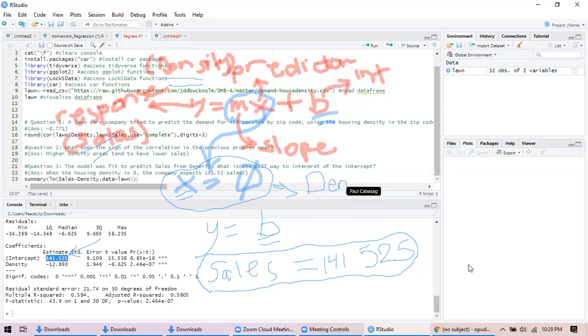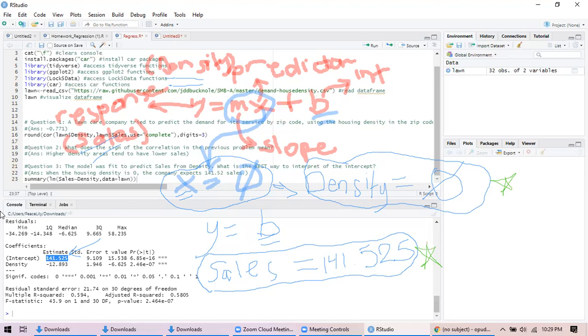And you said x equals 0, right? So this is 0. This is the y-intercept. The y-intercept is 0 density, and then sales. What does that mean? 0 density, and then also this guy.